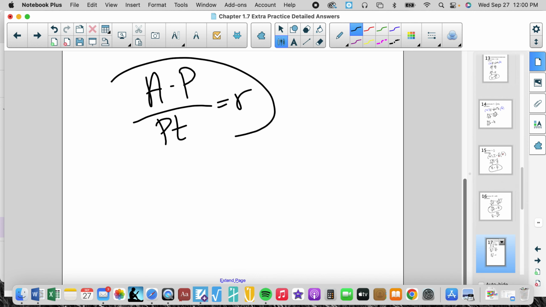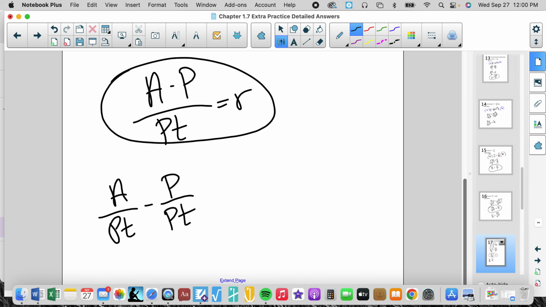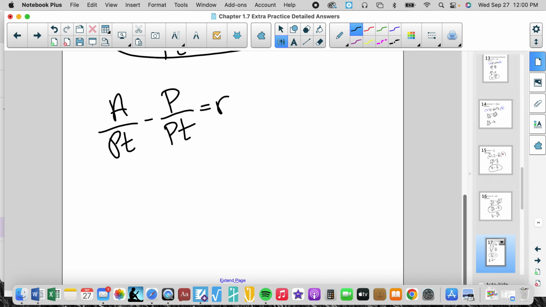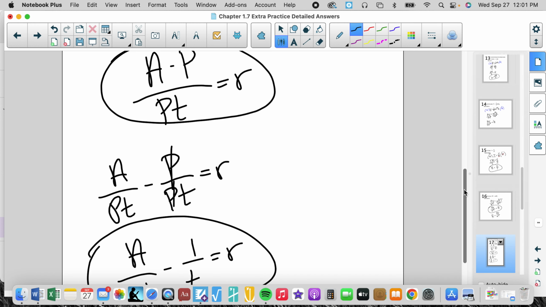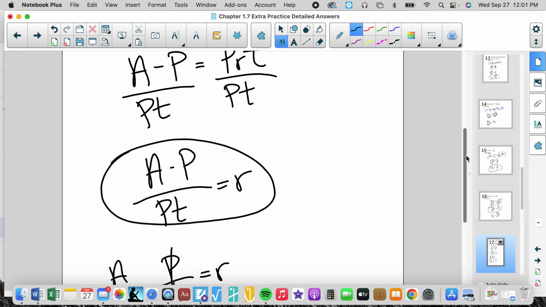That is a good way. We could put the PT, this could be seen as this, and then those P's can cancel out because they're being multiplied. So you could see that formula like that. Probably won't see it as much, but that's equivalent to those two. This is fine.